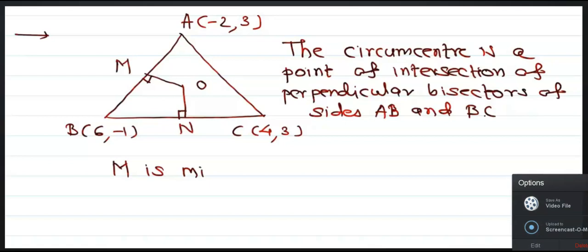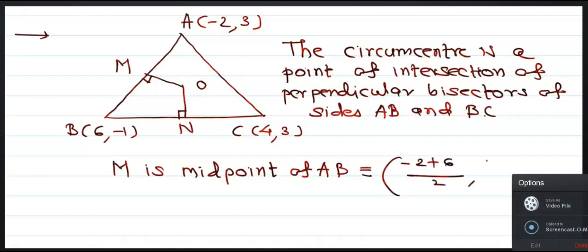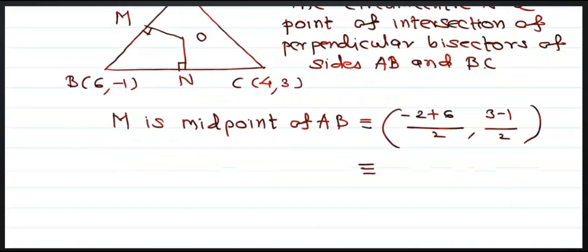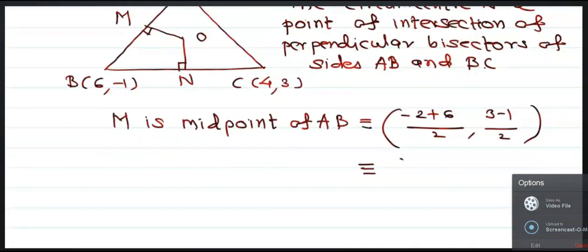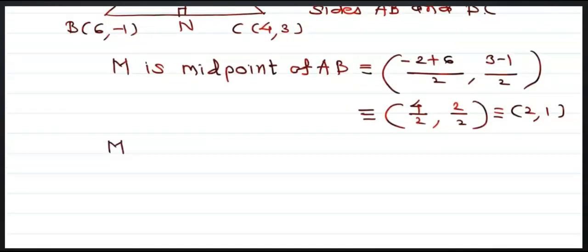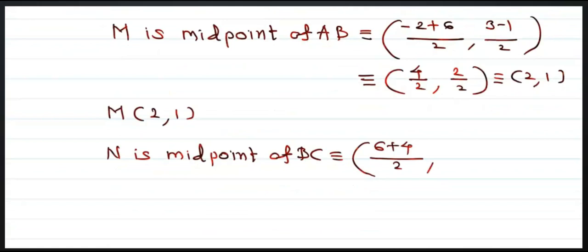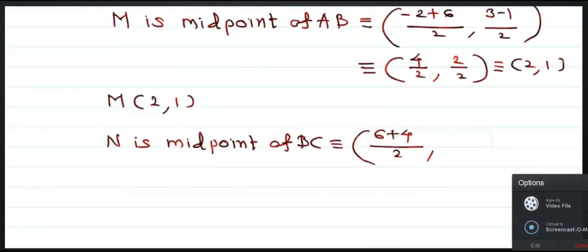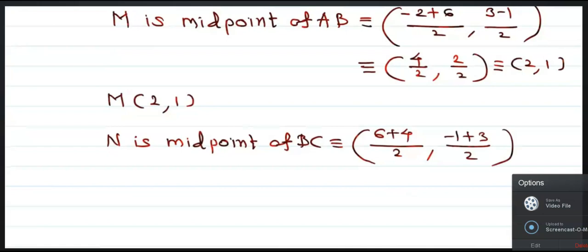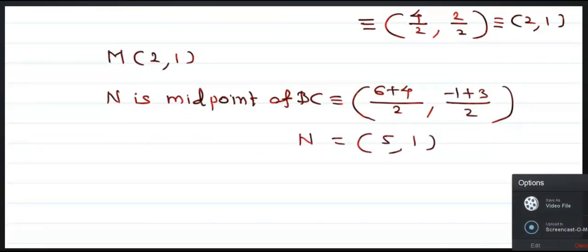M is the midpoint of AB, that is minus 2 plus 6 upon 2, next 3 minus 1 upon 2, that is 4 upon 2, 2 upon 2, that is 2, 1. The point is 2, 1. N is the midpoint of BC, that is 6 plus 4 upon 2, minus 1 plus 3 upon 2. That is N is equal to 5, 1.